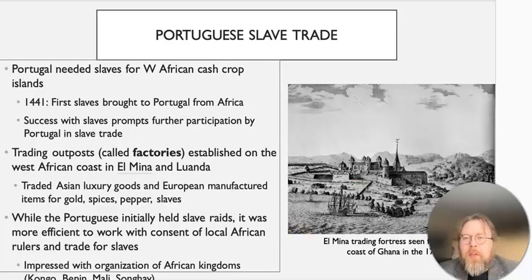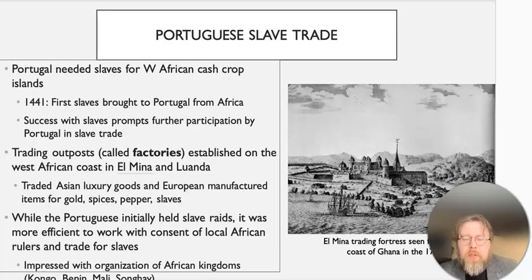At this point, you begin to see the emergence of factories, not the same as our factories of the Industrial Revolution. It's what the Portuguese basically call their slave trading posts that dot all along the West African coast, especially in areas like Elmina and Luanda.